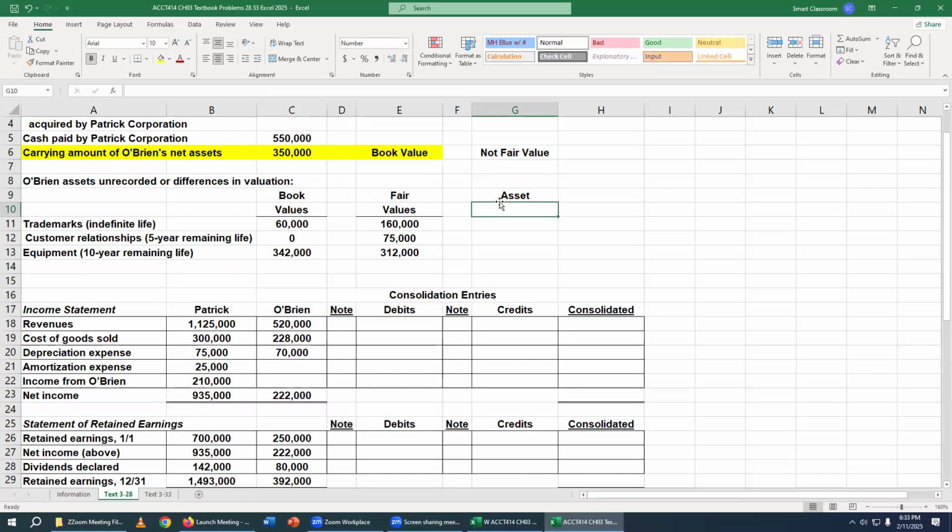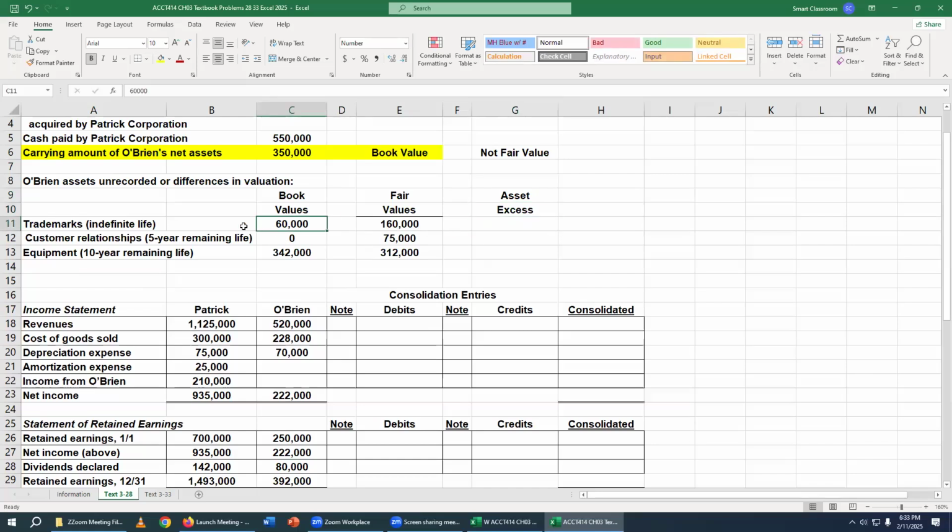I'm going to put asset change in here instead of excess, because there is something weird that happens on this one. What's the opposite of excess? Shortage.